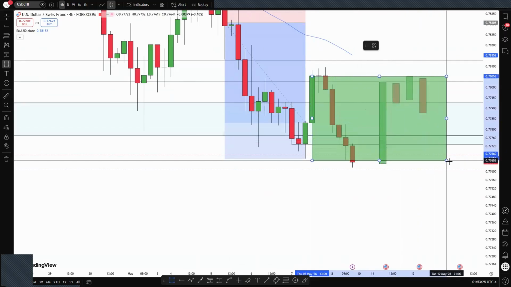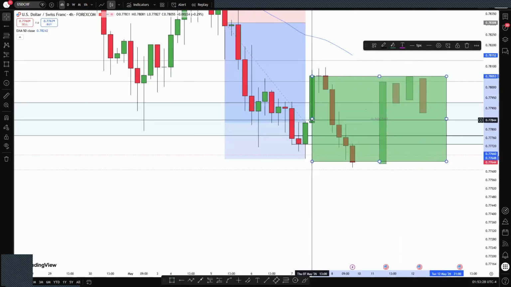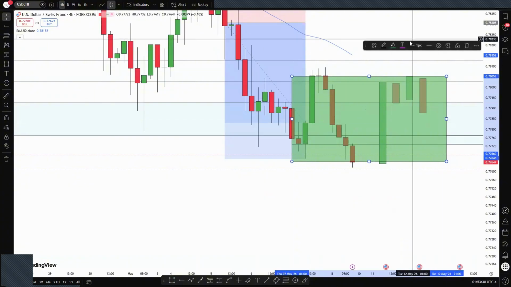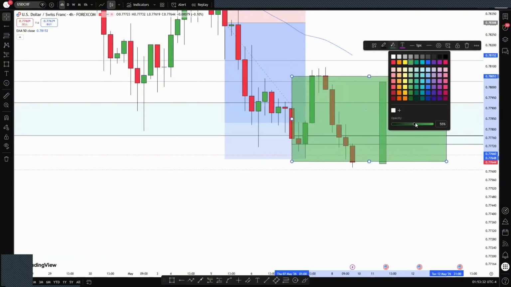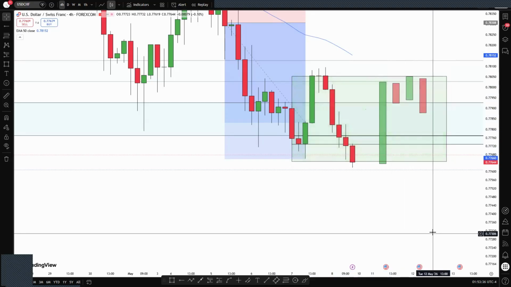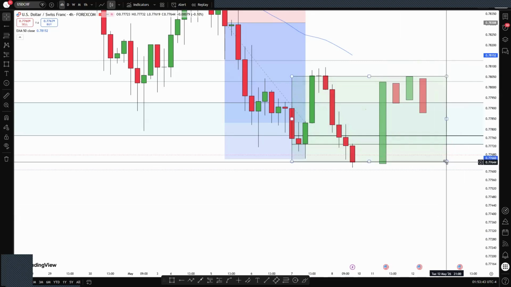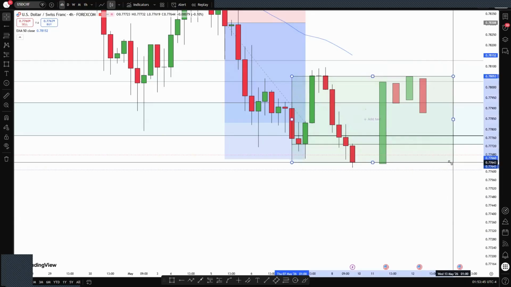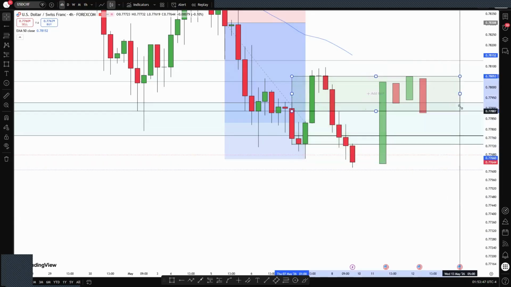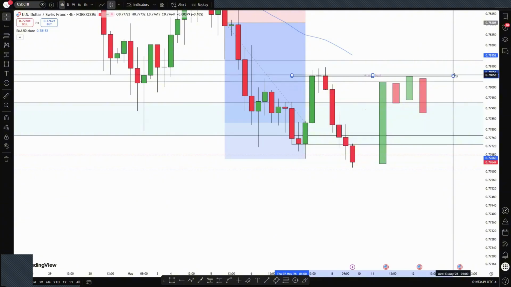So this is the level where I expect to sell at. Don't worry, you get this. The daily is bearish, the weekly is bearish, and the 4 hour is bearish. Within this zone, I have to catch a sell, and price shouldn't go above this level.